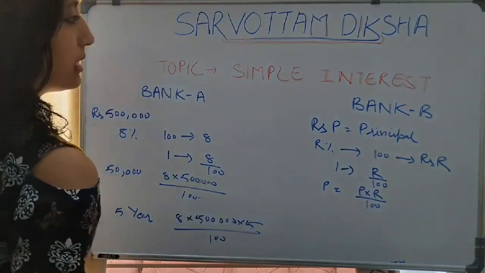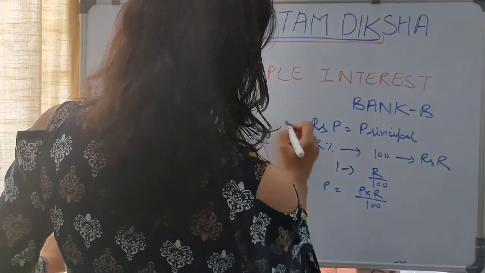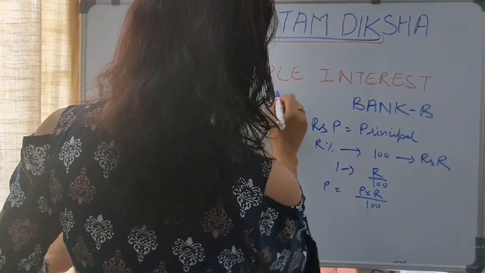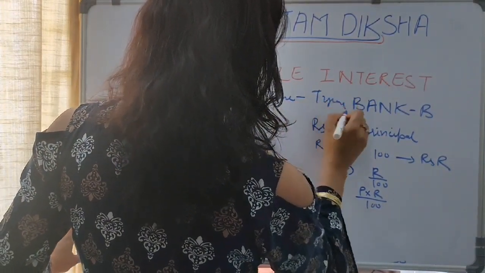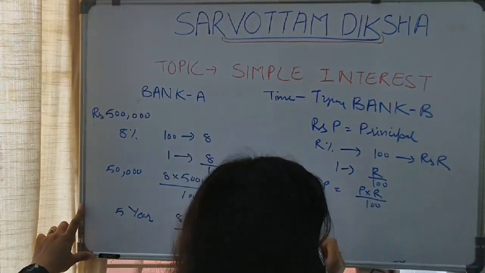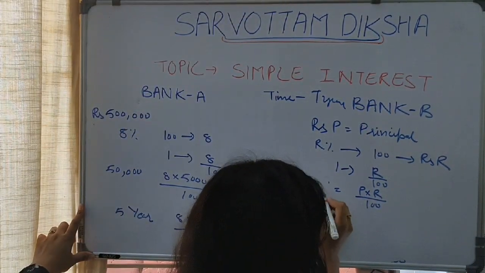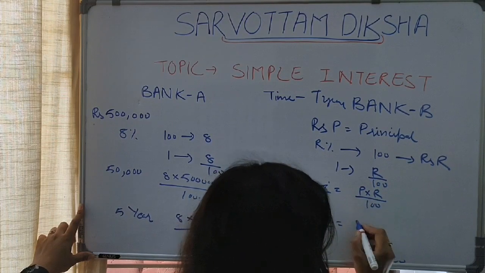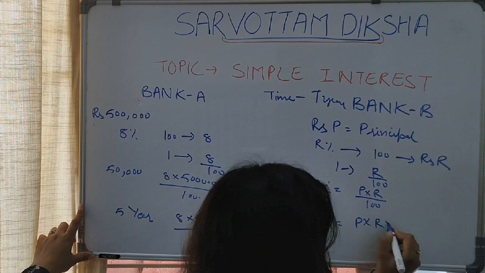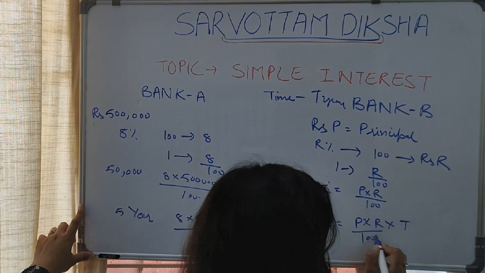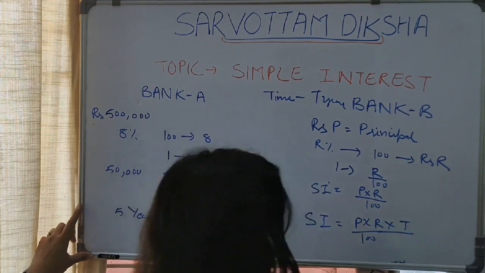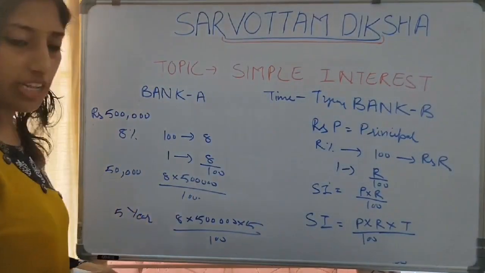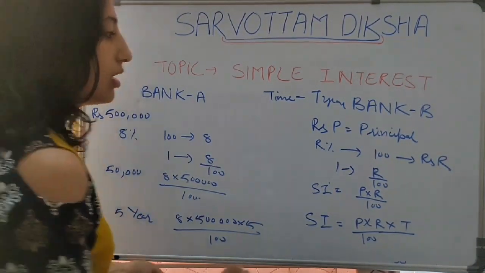Here let me say your time is T years. So how much do you have to pay now? This is my simple interest. Your simple interest will be P into R into T by 100, because for T years, T times. And this is how my formula for calculating simple interest comes.